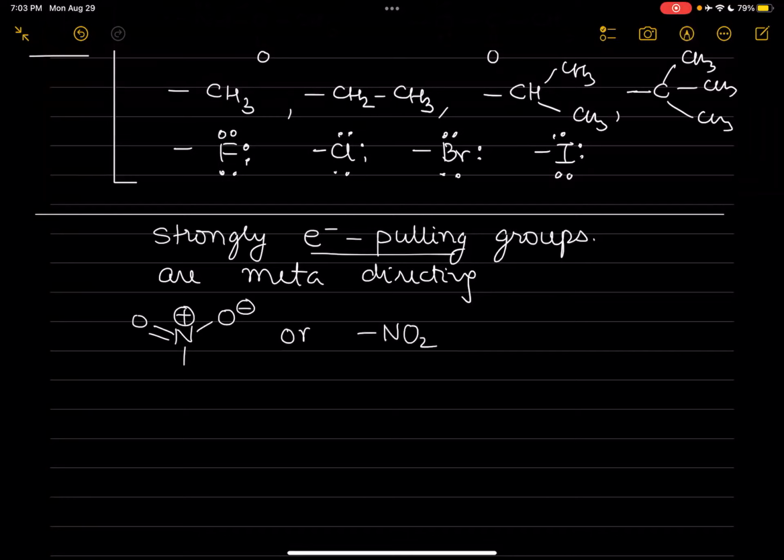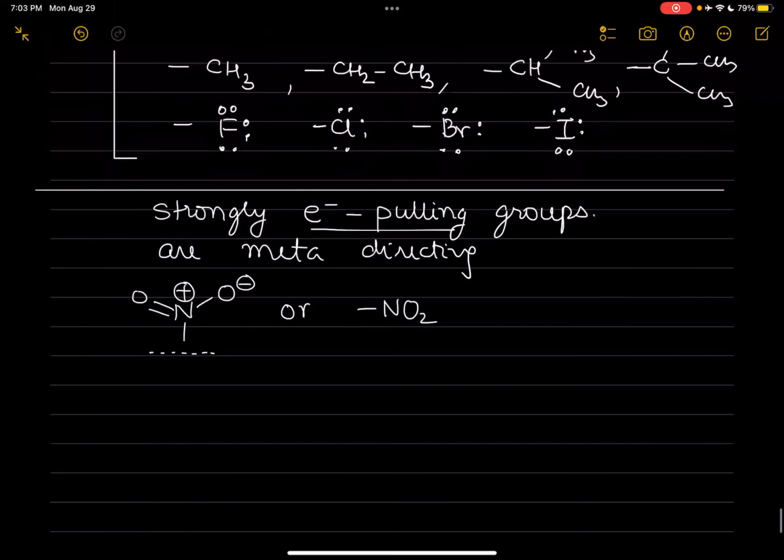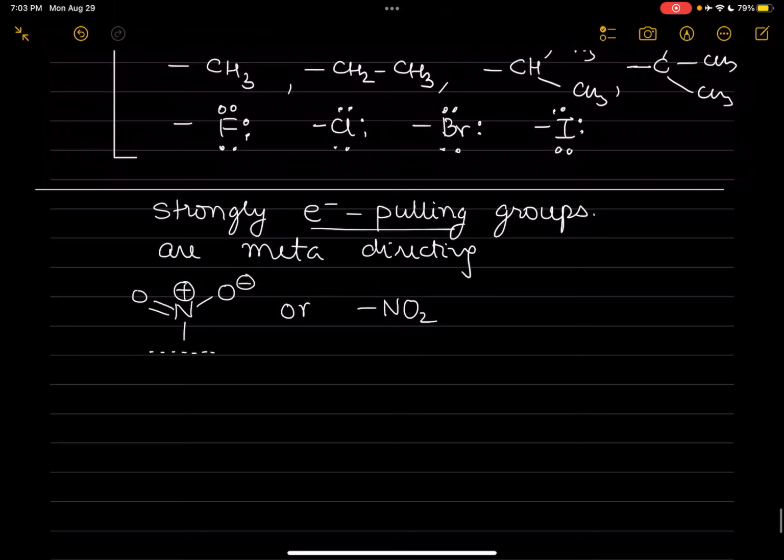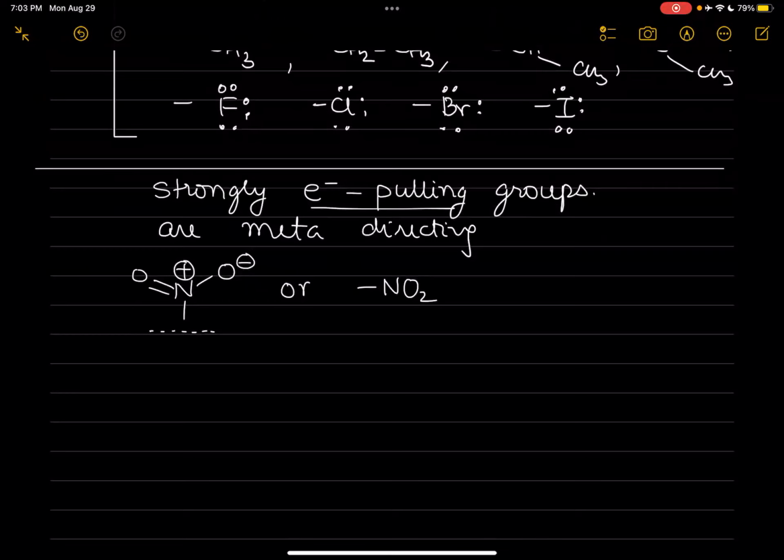We write it as NO2, but in detail it will be like this. This is the actual structure of NO2, and you can see that this NO2 group is an electron pulling group because it is having a plus charge.